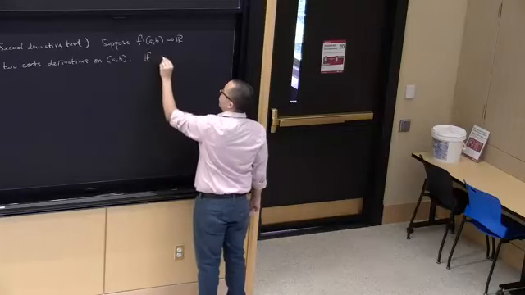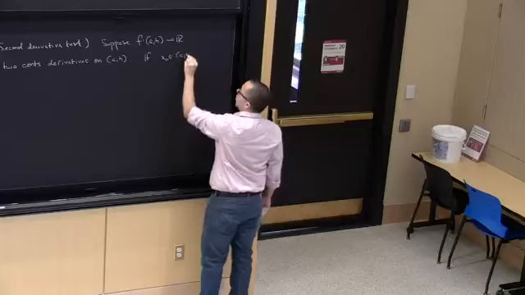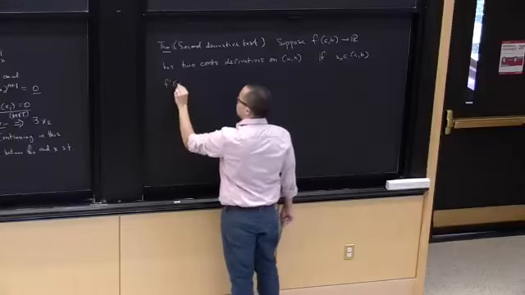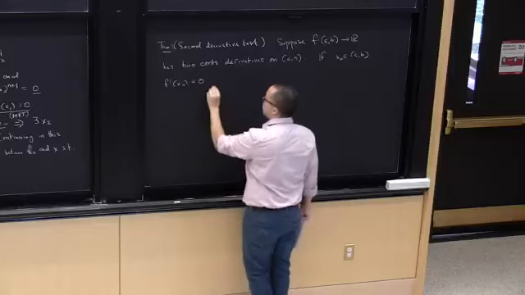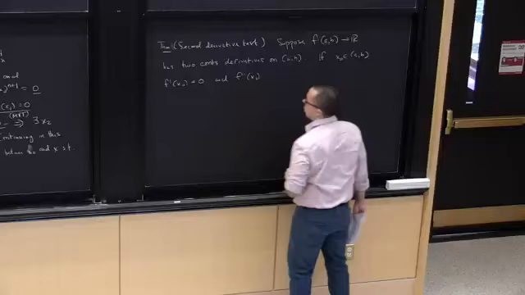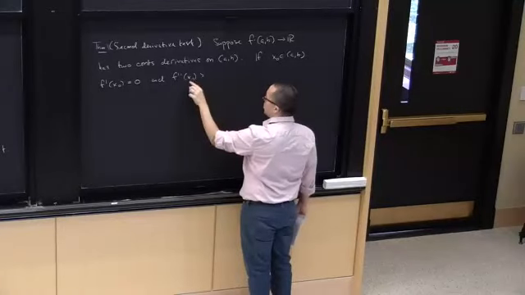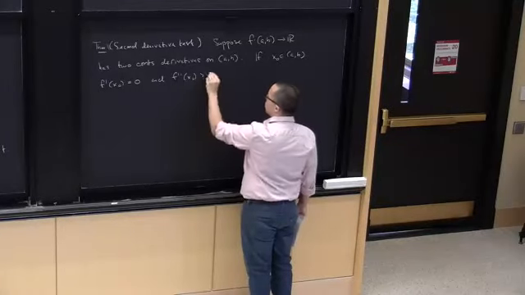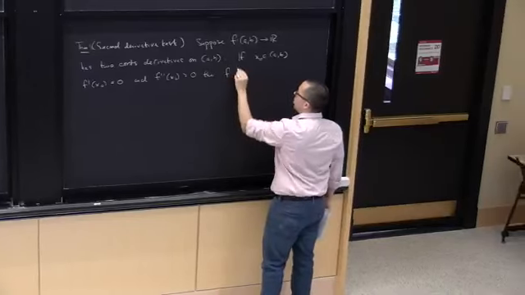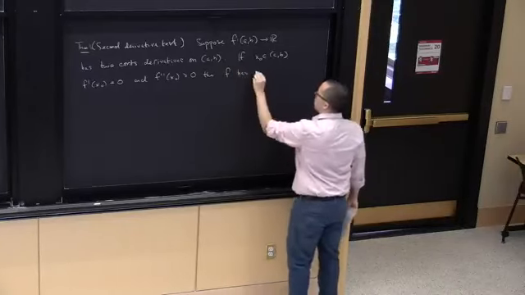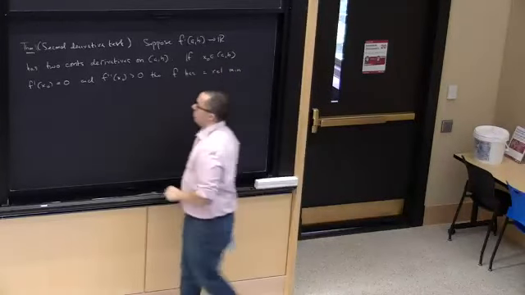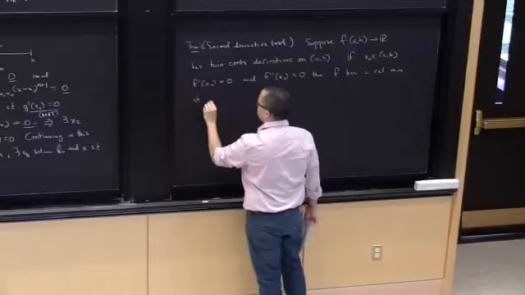If at a point x0 in AB the derivative equals 0 and the second derivative of f evaluated at x0 is positive, then f has a relative min at x0.